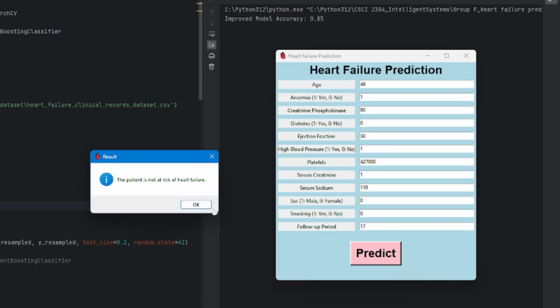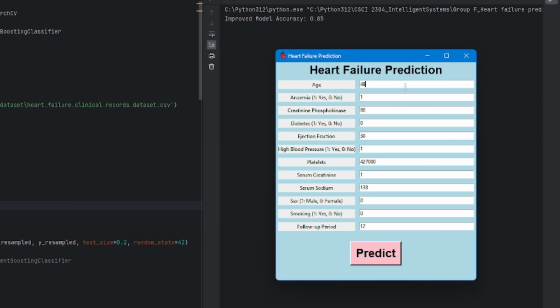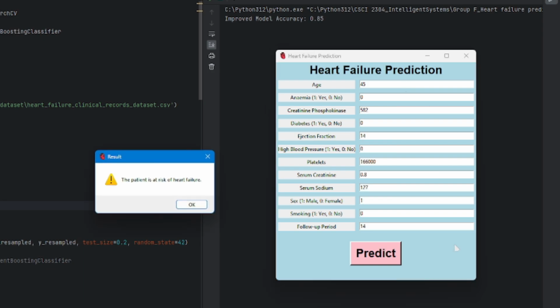And lastly, let's try one more example of a patient. And here is another example of a patient that is at risk of heart failure.